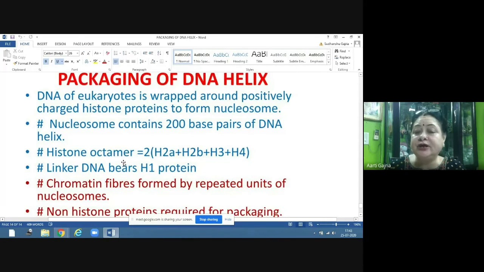The histone octamer is H2A, H2B, H3 and H4, all 2, so total 8. Linker DNA bears H1 protein, which is present but is not part of the nucleosome.